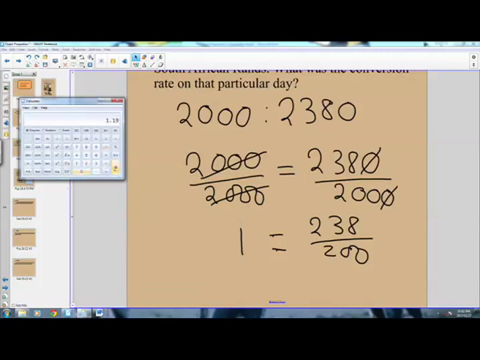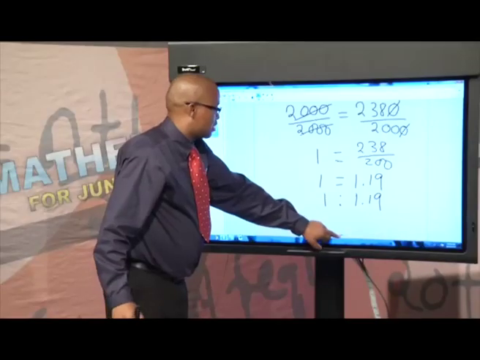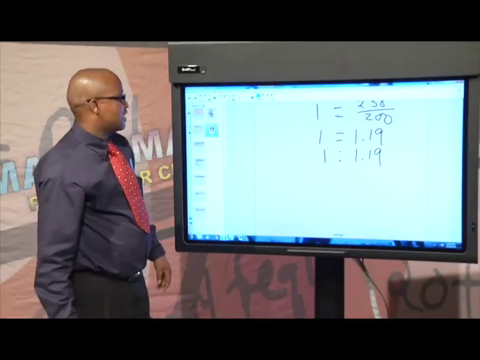And then what do we get? 1.19. So we are simply saying, on that particular day, 1 pula will be equal to 1.19. This is simply saying 1 pula is to 1.19 South African rands. So this is the conversion rate on that particular day.